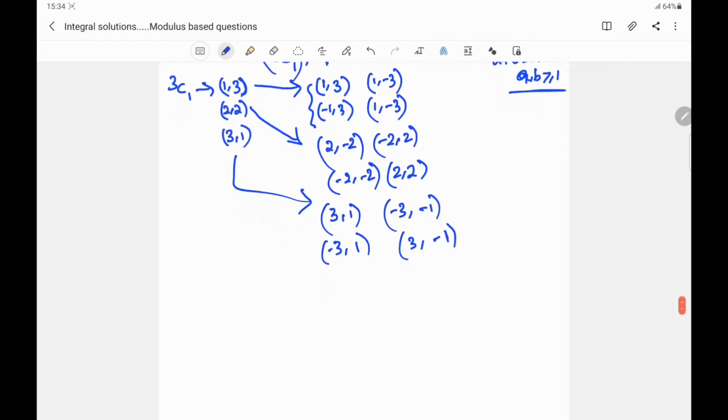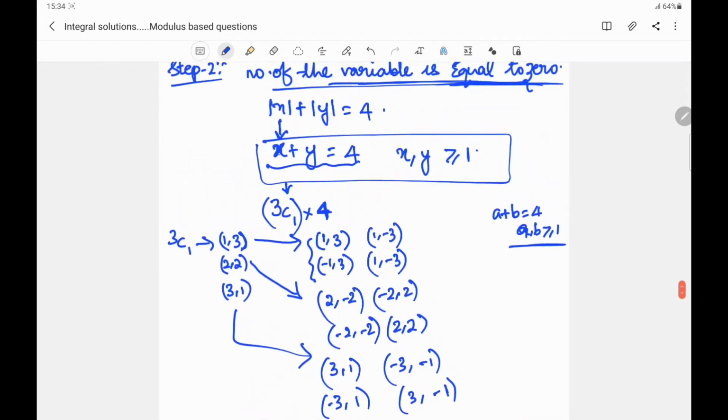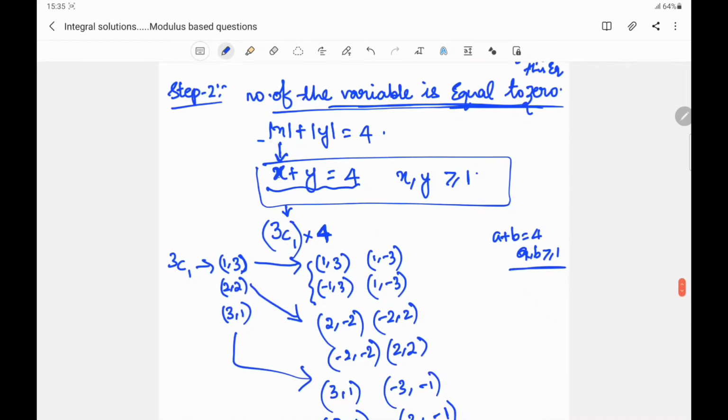Total number of solutions will be 4 plus 4 when one of the variables was 0, and 3C1 is 3 into 4. So the total is 16. So there will be 16 integral solutions to this equation modulus of x plus modulus of y equals 4.